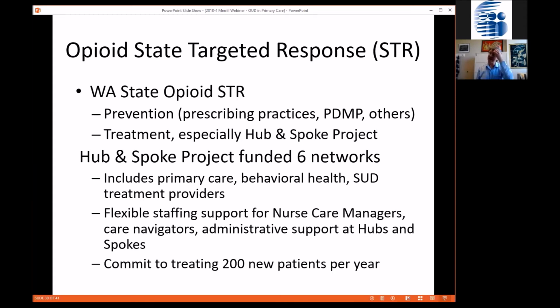They have allowed flexible staffing, so it can be a nurse care manager, it can be a care navigator that's not a nurse, it can be administrative support at these 6 networks, and each network has committed to treating a couple hundred patients a year, and that's ongoing. And Harborview is one of those, and we've been expanding the nurse care manager model.